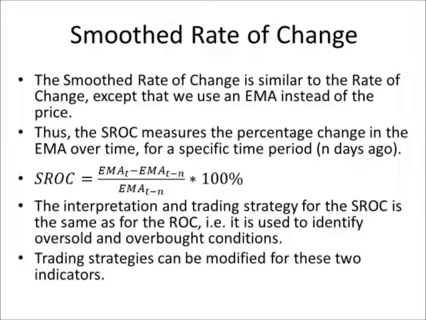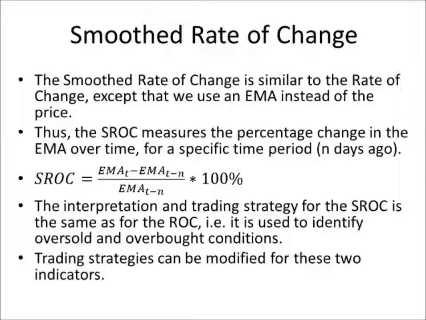Now, as we said, trading strategies can be modified for these two indicators. There's no real fixed trading strategy to use the rate of change. We just gave a couple of different examples earlier, and you can devise different rules with them. For example, you can say when it changes, or when it's above or below a certain value, or when it's high or low for a particular amount of time, then the rate of change will tell us to give a buy or a sell signal.